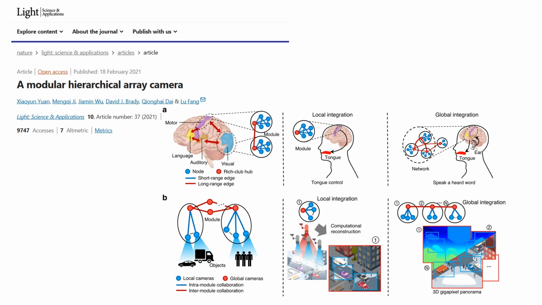Here's a paper from a couple years ago in Light Science and Applications by Xiaoyuan Yuan and Lu Fang's group with contributions from myself and Qinghong Dai. And the idea of the paper, the motivation, is definitely to think about how you could use distributed sensor resources and then neural style processing to create understanding of the world, not just an image, but a real model of the world, or as much data as we can get from a camera array.